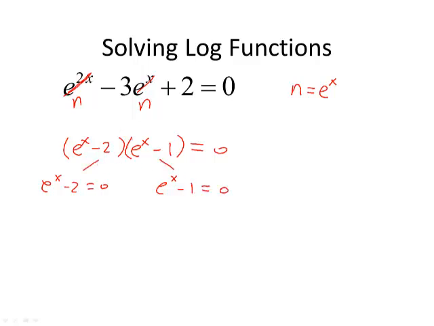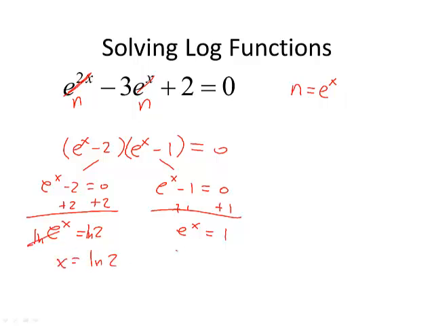Okay, each one of these, because either one of these, if they're 0, the whole thing will be 0. Adding the 2 to both sides, e to the x is equal to 2. Add the 1 to both sides, e to the x is equal to 1. Take the natural log to cancel the e. x is equal to the natural log of 2.